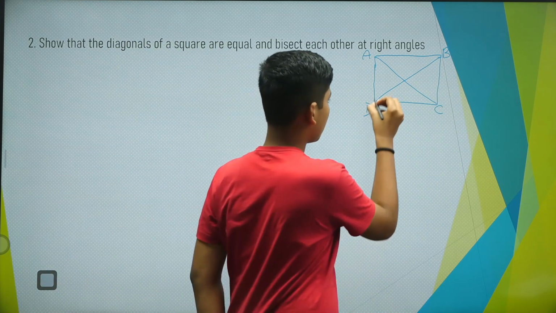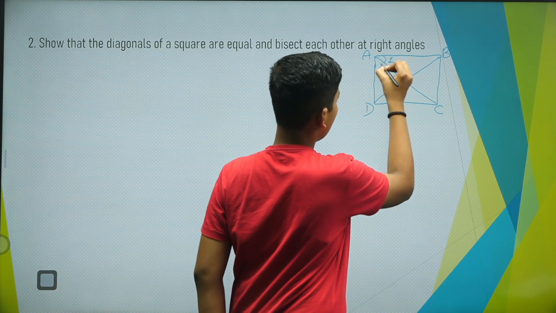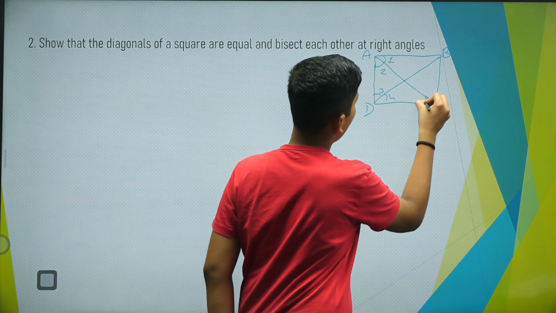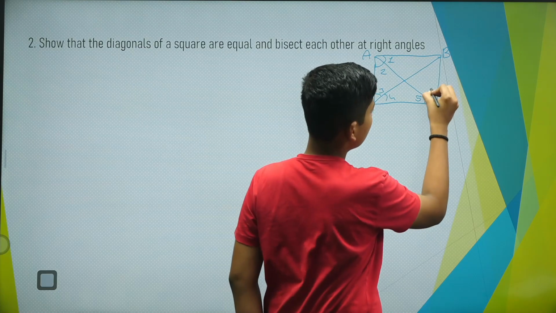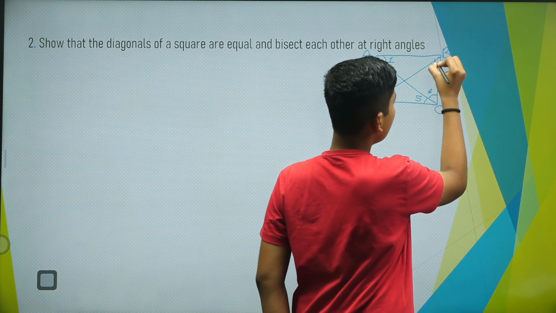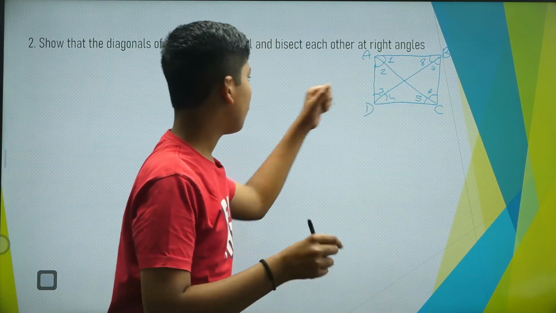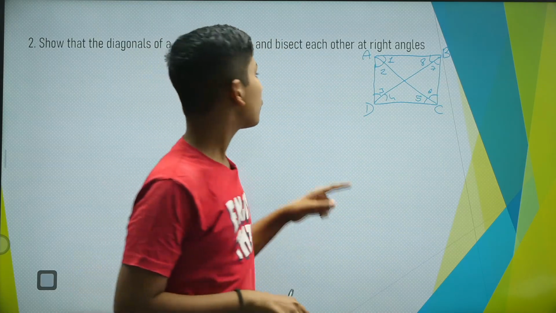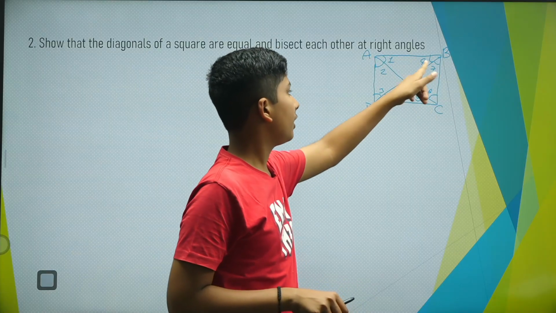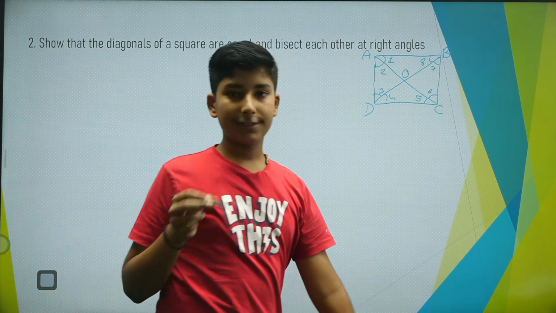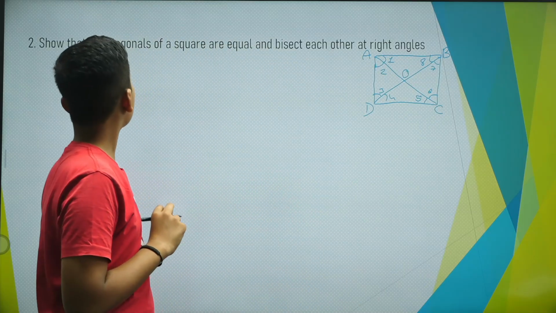Let's number the angles: angle 1, angle 2, angle 3, angle 4, angle 5, angle 6, angle 7, angle 8. I have done the numbering so that we don't have to write angle ABC, angle AOB again and again. Let the intersection point be O.